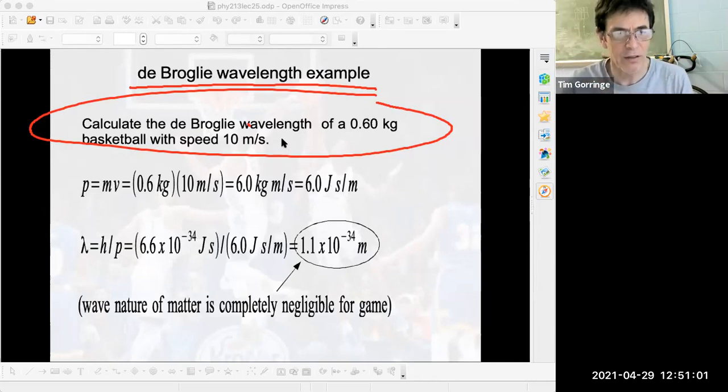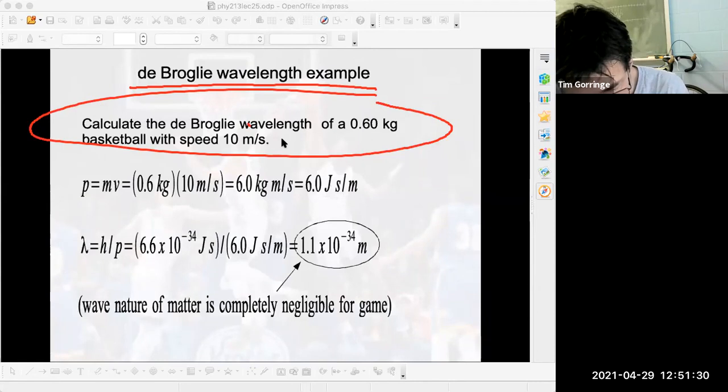So that is the mass of a basketball. And that is a sort of typical speed of a basketball. Maybe not if I'm throwing it, but that would be a typical speed of a basketball. And so what is the matter wavelength for that particular particle? What's the de Broglie wavelength for that basketball?